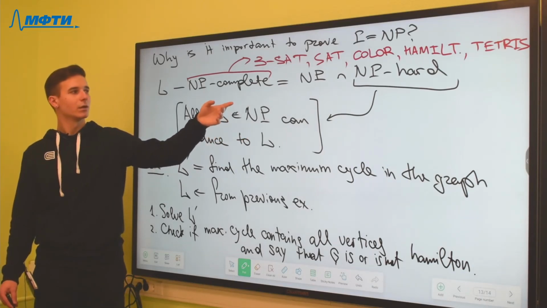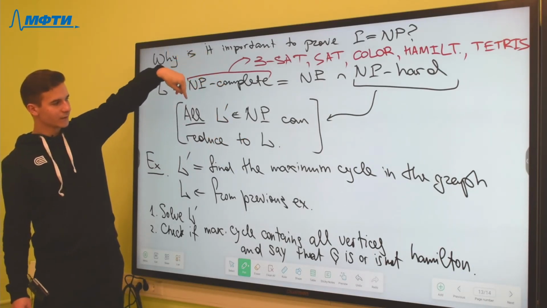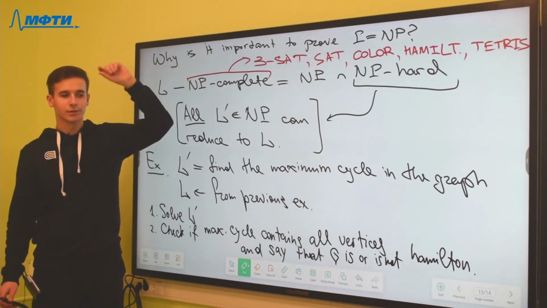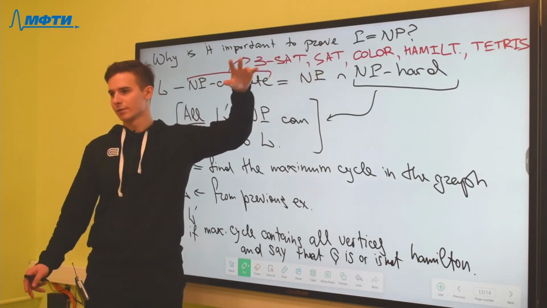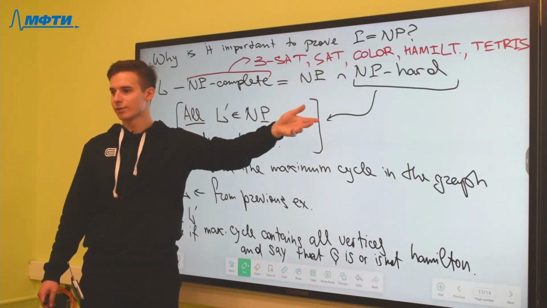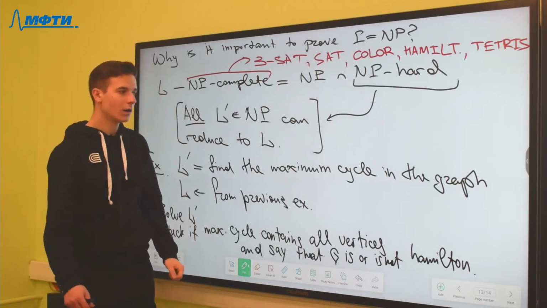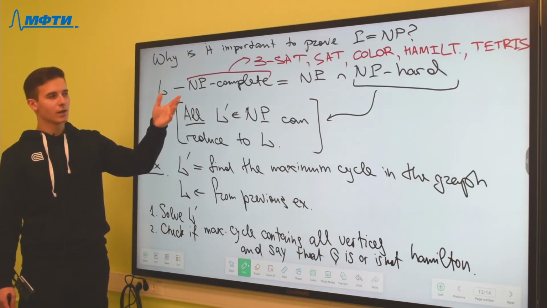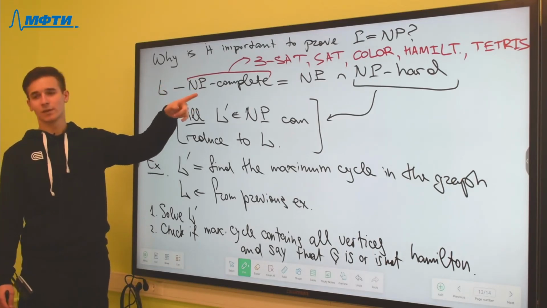For example, we can reduce all the tasks from NP to the task of whether some Boolean formula with 3 operations is equal to 1 or not. So it is when we say that a language is NP hard.